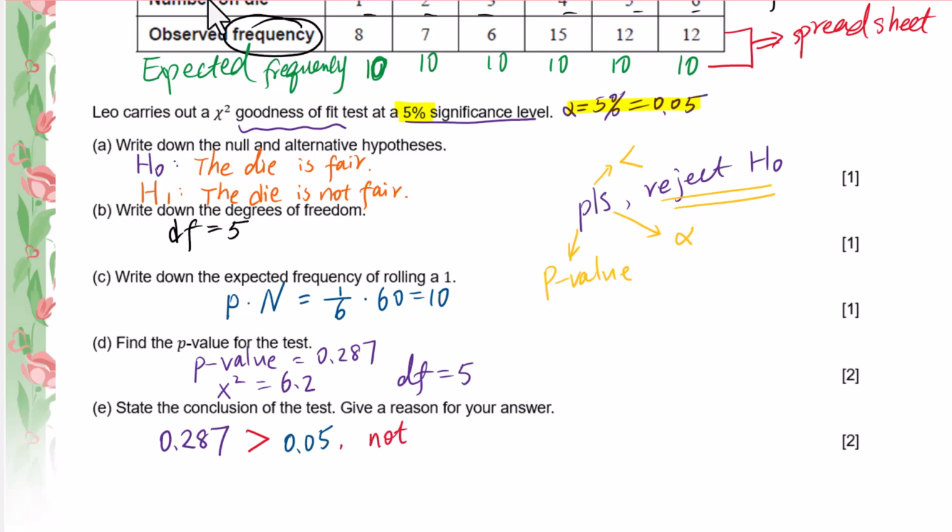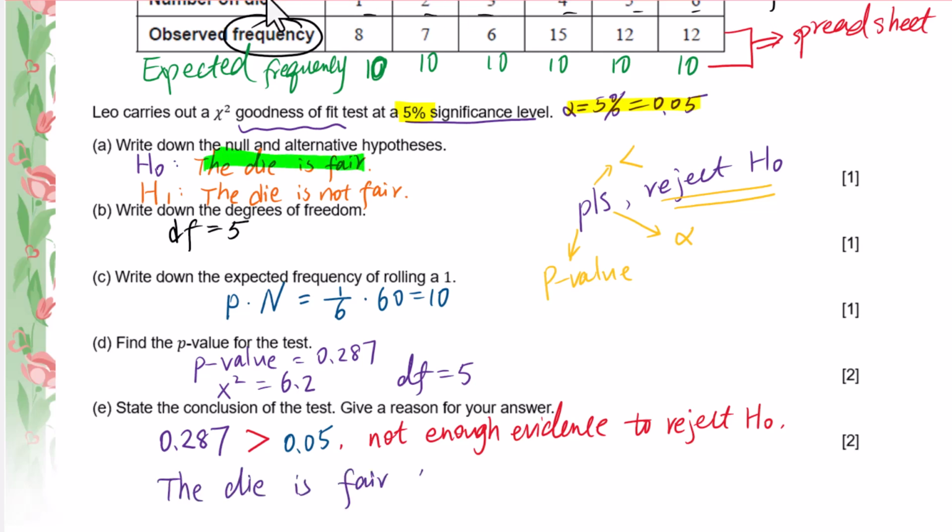Not enough evidence to reject H0, which means H0 is true. So write down H0: the die is fair at the 5% significance level.